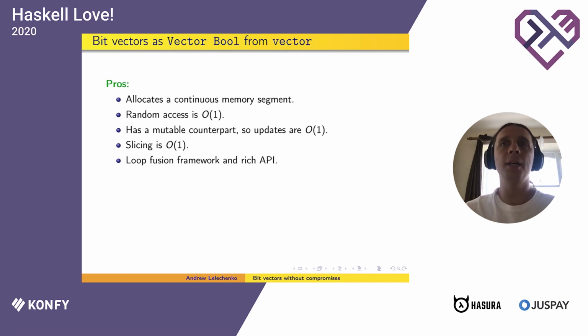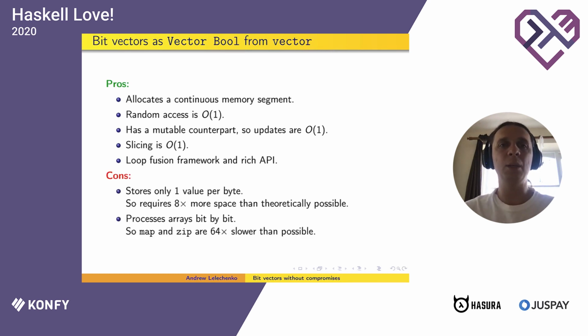And we have slicing, so we can slice our vector into sub-vectors in no time because it's just modifying offset and length, and it is not materializing the vector altogether. And we have a loop fusion framework to save intermediate allocations, and we have a rich API.